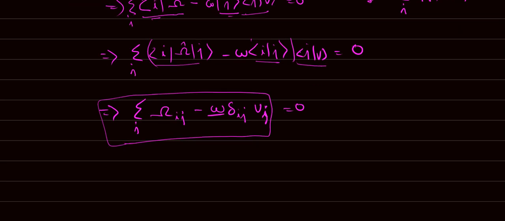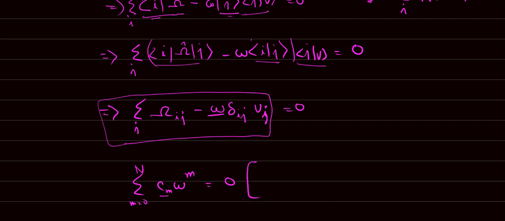If we do the determinant, we will get an equation where omega will be some coefficient times some power of omega, and it will give us 0.